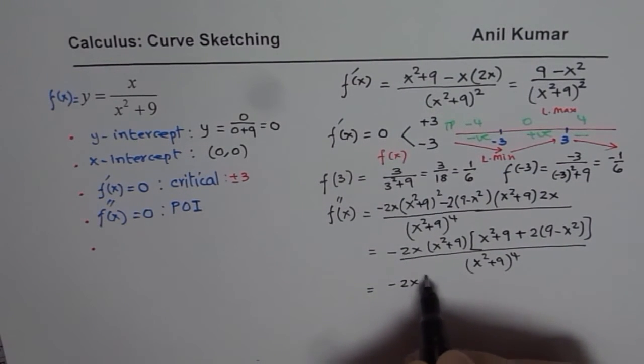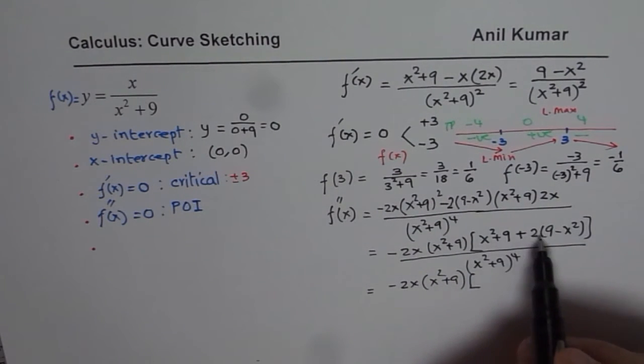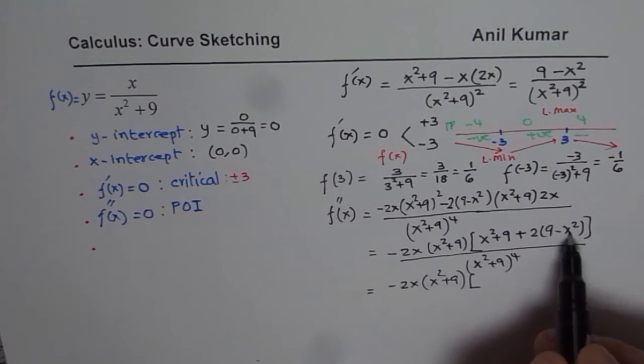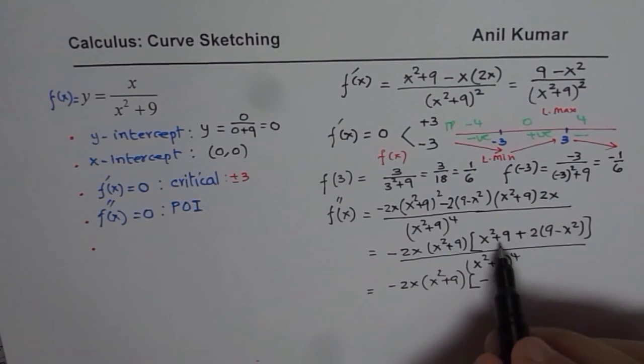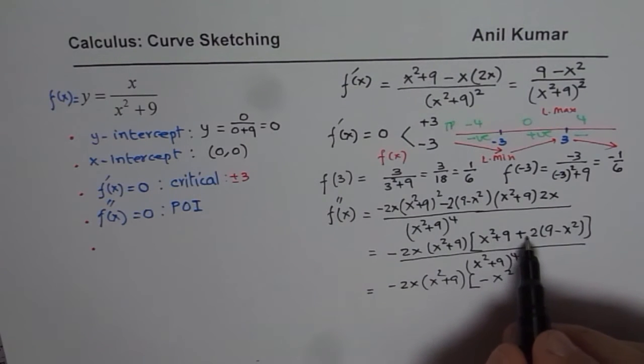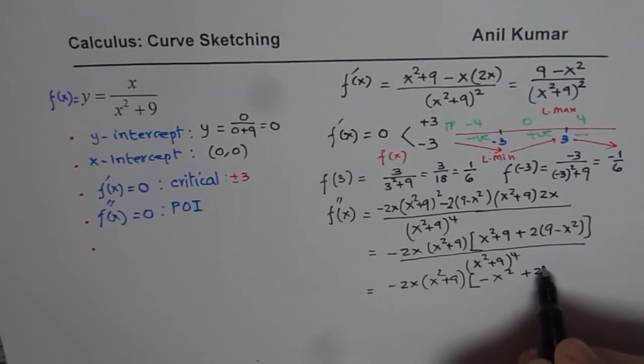So that becomes the second derivative, which we can further simplify. So we have minus 2x, x square plus 9, and in the bracket we have x square minus 2x square, which is minus x square, and 9 plus 2 times 9, which is 18, so that is 27, so we get plus 27 here, right?